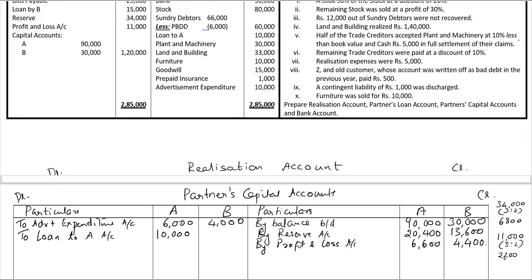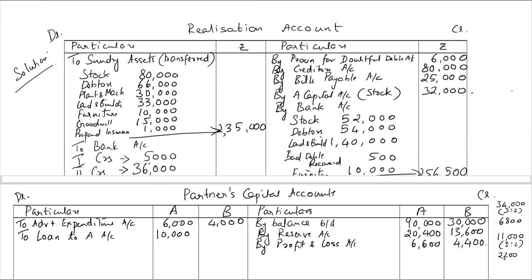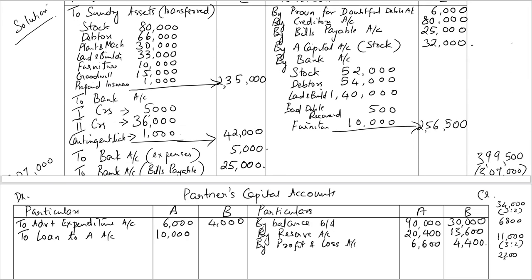We'll go ahead to the realization account to find out the assets and liabilities which have been taken over by the partners. A takes over stock at the value of 32,000 rupees. So to realization account in A's capital account, assets taken over, amount is 32,000 rupees.